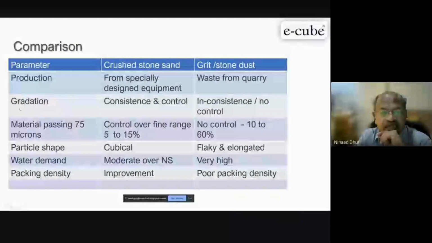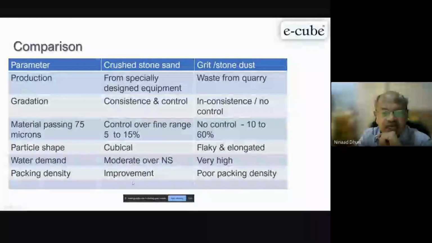Here, see gradation: you will get consistent and controlled gradation, and here inconsistent, no control, because it is a waste. Here shape also, you see, it is cubical, and here it is flaky and elongated. Then water demand is moderate here, but there it is very, very high.